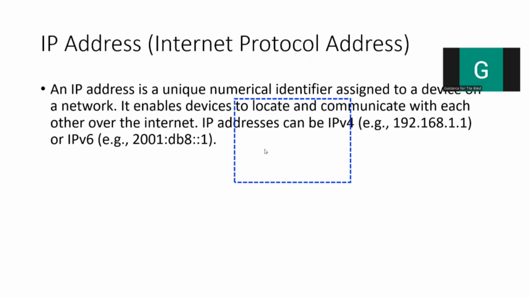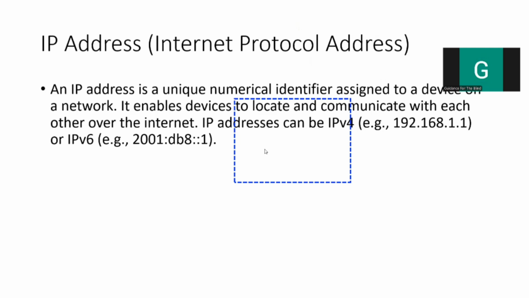It could be any number, which is hard for humans to remember. Humans cannot remember long numbers. So we'll understand IP addresses with domain names. IP addresses are basically numbers.